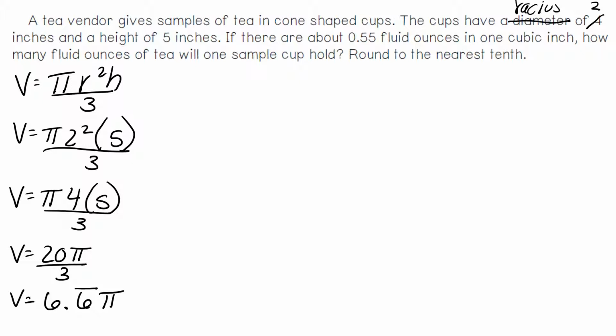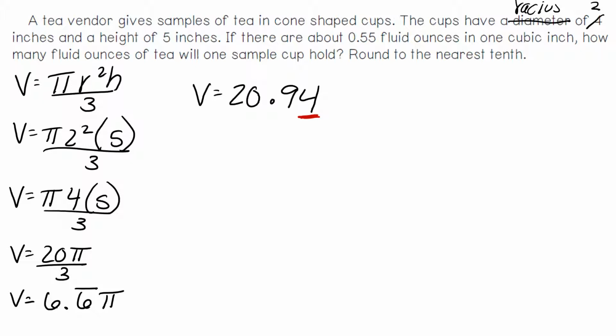It does not tell us to use 3.14 or 22/7, so we're going to use the pi button. 6.6 repeating times our pi button is going to give us 20.94.